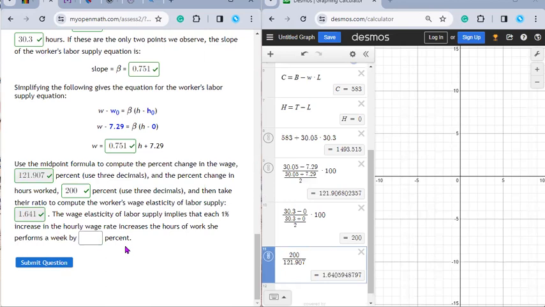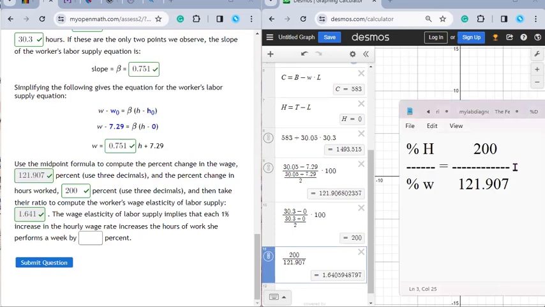Okay, 1.641, right? The wage elasticity of labor supply implies that each 1% increase... So I'm going to rewrite this. I should have DW. This should be DH.